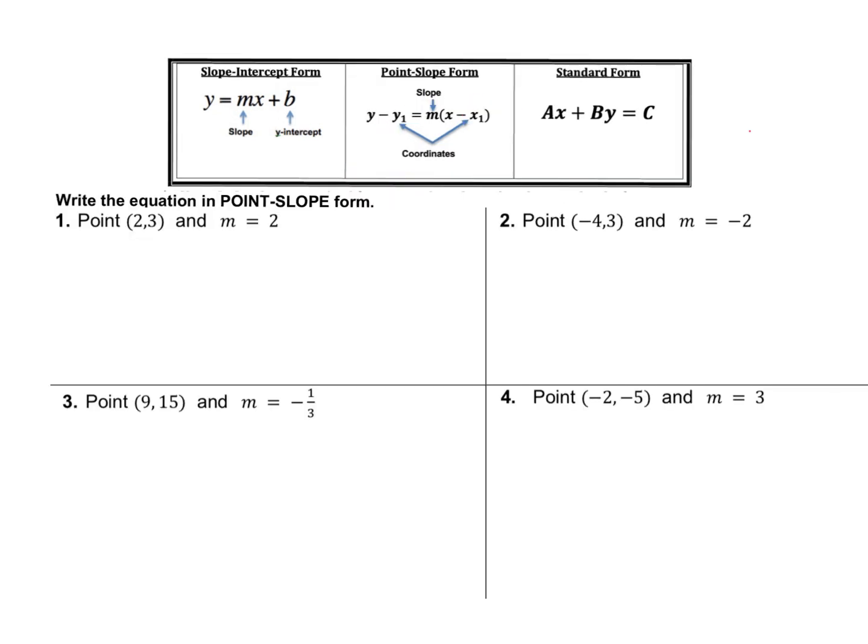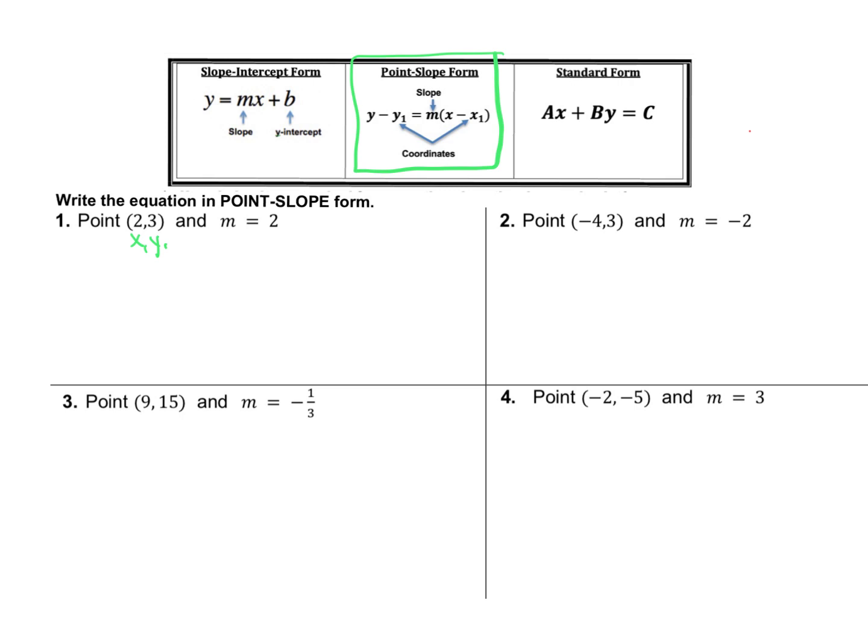So write the equation in point-slope form. Notice that we're given this point and we're given the slope. But the point that we're given is just a point on the line and it's not the y-intercept. We know that it's not the y-intercept because the x-coordinate is not 0. So when we have a point and a slope, we're going to use this formula in order to help us write our equation, eventually in slope-intercept form.